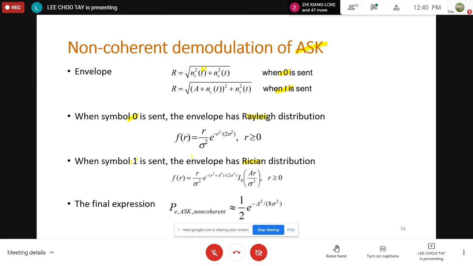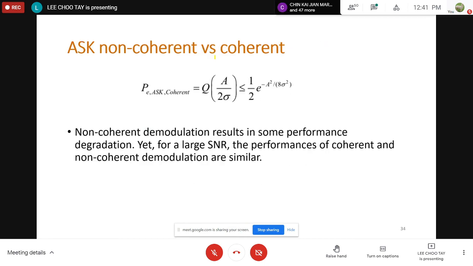This gives us the final expression for the probability of error for non-coherent detection of ASK, approximately half of e to the power of minus A squared over 8 sigma squared. How does this compare to the Q function? For coherent detection, the probability of error of ASK is Q of A over 2 sigma.